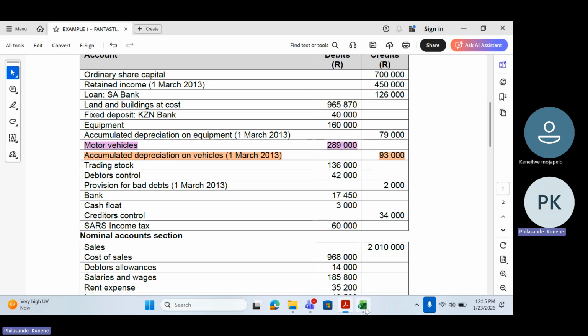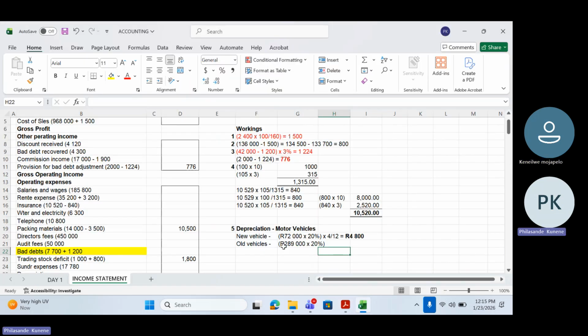Yeah. So it means now we need to take it out from this 289,000 before we multiply it by 20%. Am I right? Yeah. Do you agree with me? Yeah. So which means now, what do I need to do? I need to say minus 72,000 first, because we've already calculated the depreciation for this 72,000 separately.